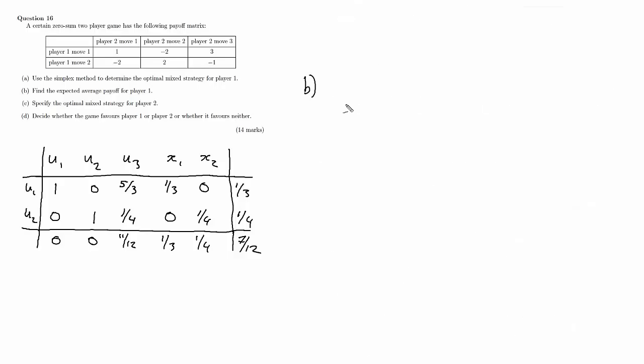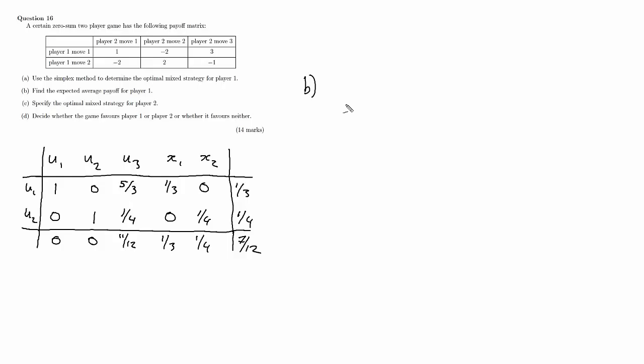For part B, there's two ways you can go about it. I'm going to go through the easy way. You take the reciprocal of the value in the bottom right-hand corner of the final tableau and subtract the value that you added to every entry in the table to begin with.